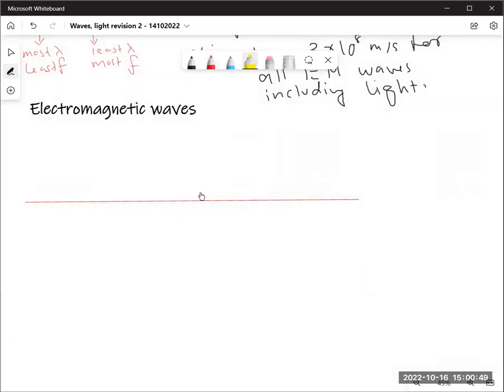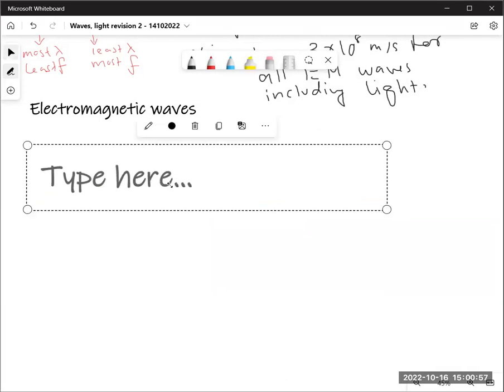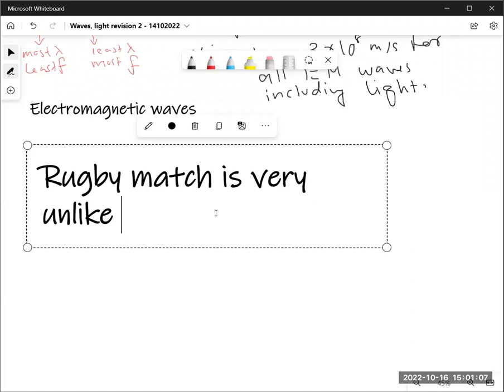The electromagnetic waves. It has a spectrum. I think I've given you a diagram, but write this in your notebook. Rugby match is very unlike xylophone game. If you have checked your corrected papers, I think you should have found it there.